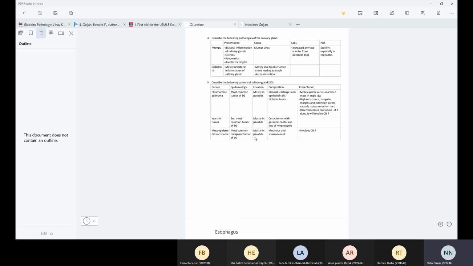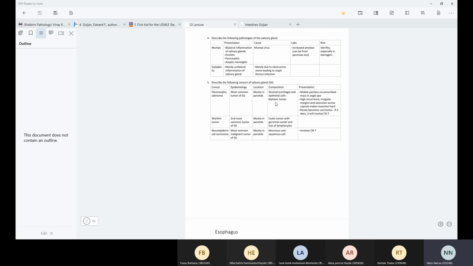How do we make the differential diagnosis? Pay attention, in a clinical case the morphological changes, the microphotograph changes, should be mentioned, and you should memorize what happens. Stromal cartilage and epithelial cells you should find, and a biphasic tumor means that in one high power field, or low power field, you should find two different tissues.